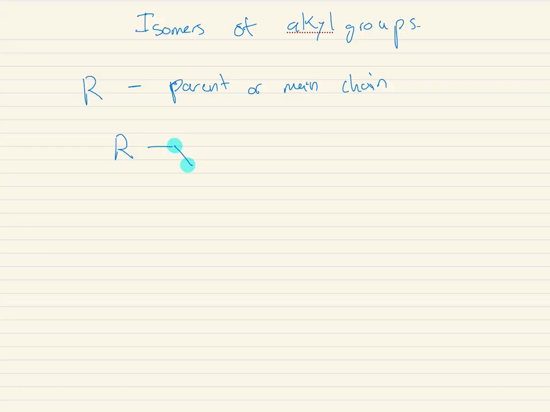I don't want to draw pentane every time. It can be butane, propane, all of those. So this just represents that 2 carbons are bonded to a parent chain, right?